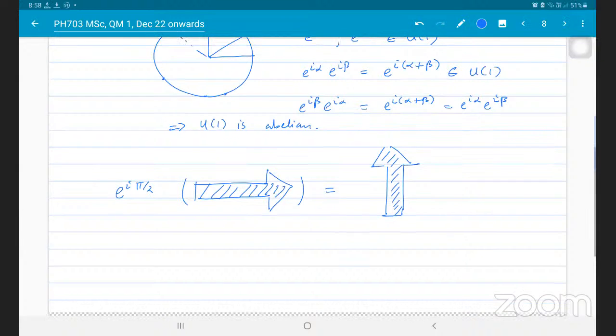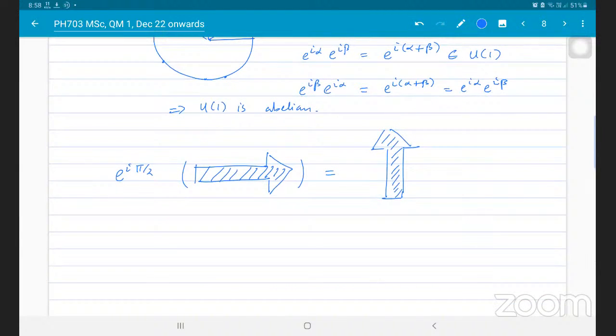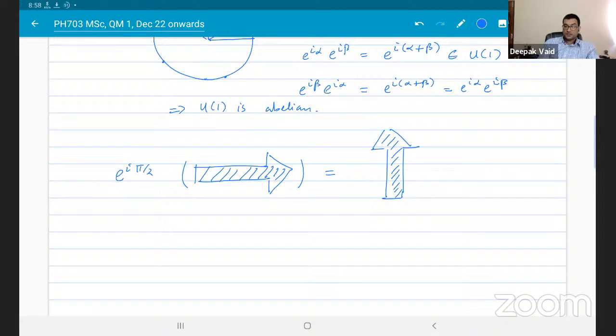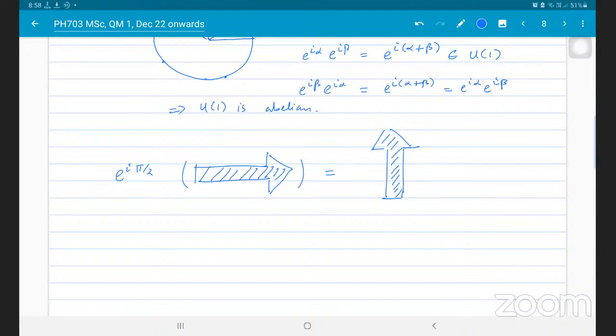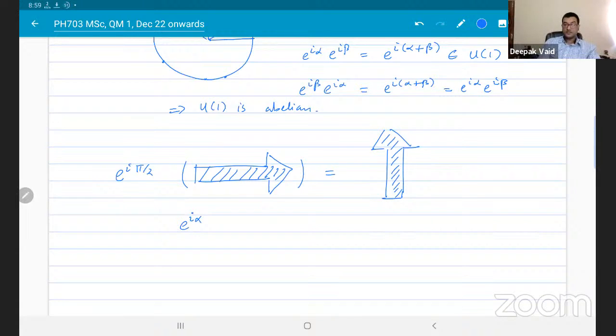So then what are these operations doing? What is e to the i alpha doing? Rotate. Sir, I think it changes the phase. Physically, in a very physical sense, like something you can do with your hands, what is it doing?